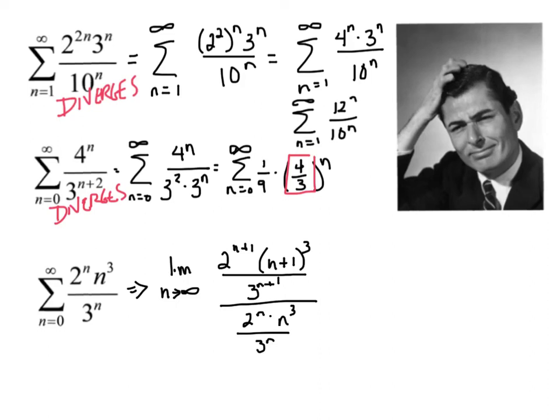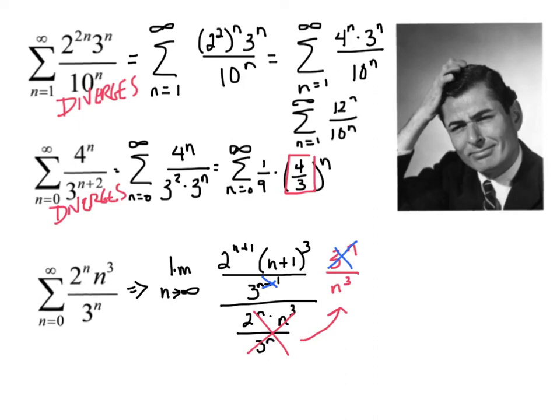Okay, in the interest of space, let me just bring this up. We're going to multiply by the reciprocal. Let's do a little simplifying. 3 to the n divided by 3 to the n plus 1 is just a 3 in the denominator.